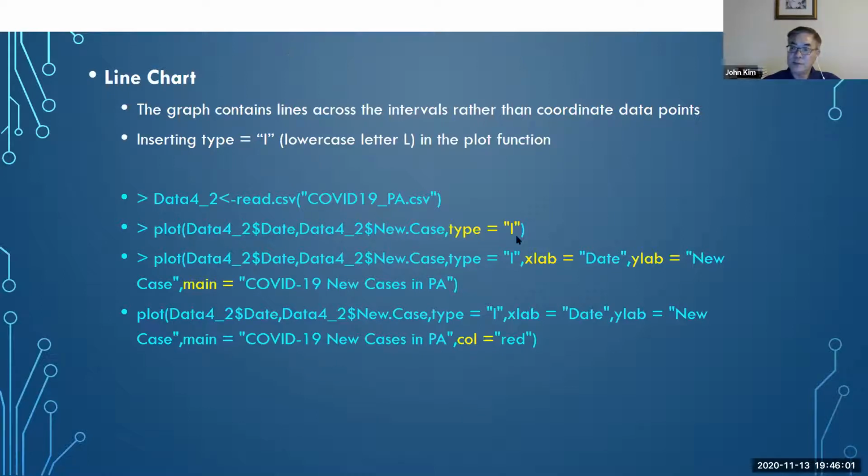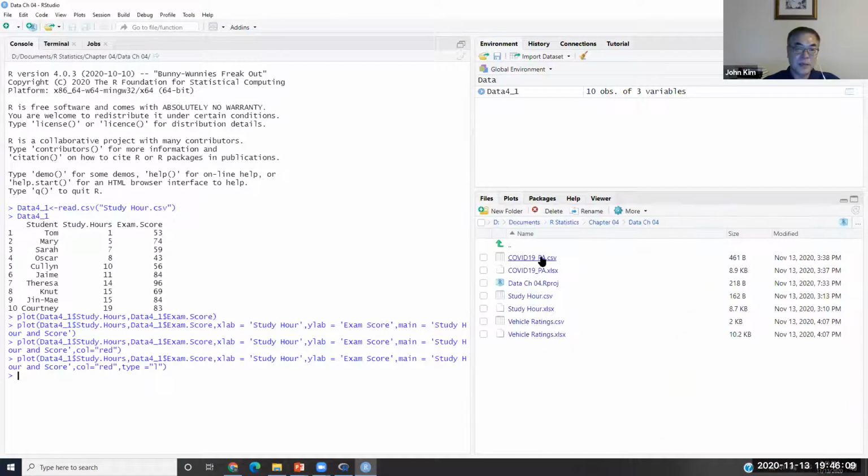So let's try. We have COVID-19 PA, Pennsylvania data. I cut the real Pennsylvania COVID-19 data, only April data.